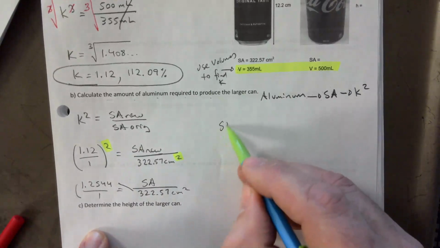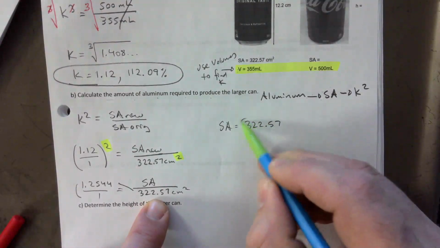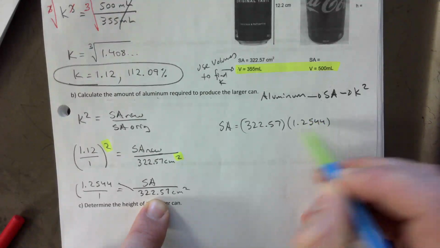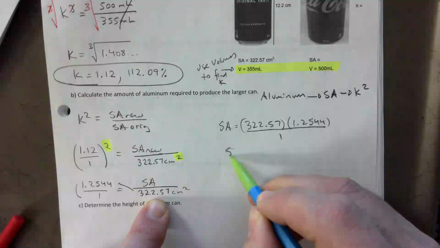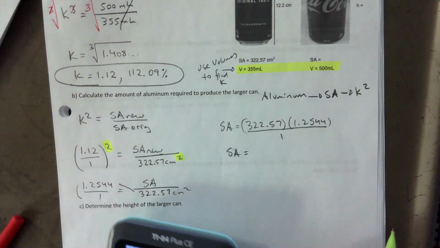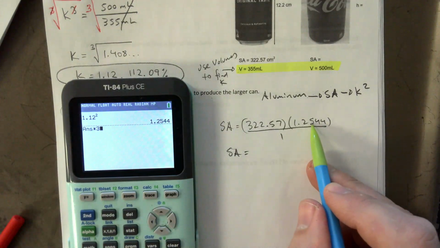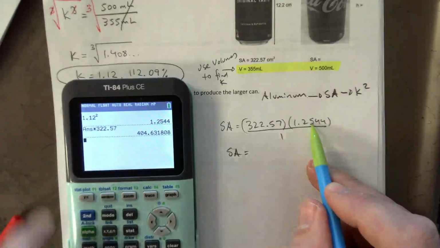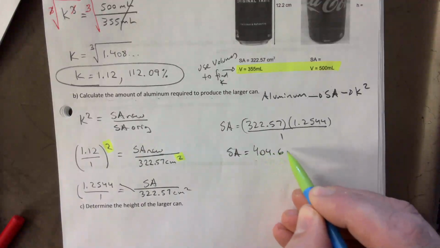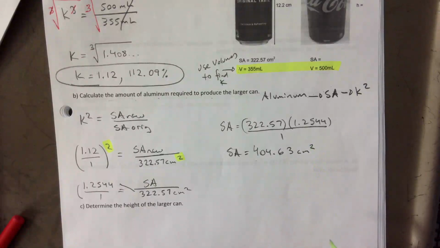Okay, so surface area is 322.57 times 1.2544 divided by 1. There we go. And I have this on my calculator still, so I'm just going to multiply by 322.57, and there you have it. It should be more, by the way. You should have a greater surface area because it is a larger can.